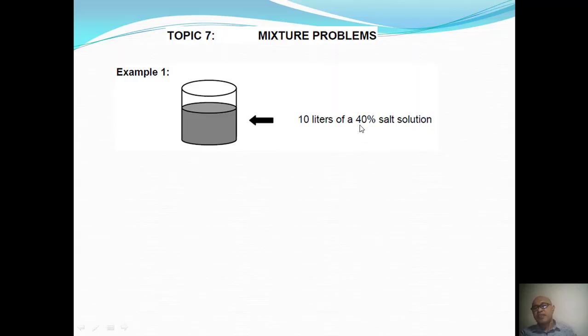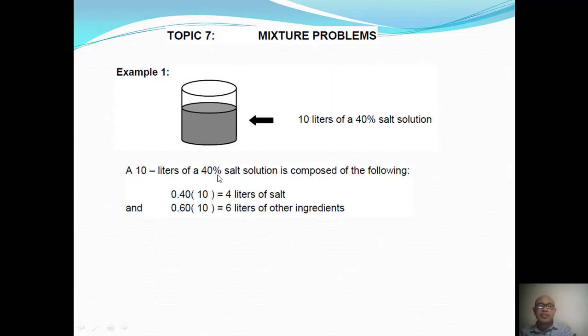The 40% here is the concentration, or the amount of salt in this solution. So for the 10 liters, 40% of that is salt. So we can say that the 10 liters of salt solution consists of 40% of 10, which is 4 liters of salt, and 60% of the 10, equal to 6 liters, are other ingredients. Of course, salt solution is composed of salt and water. So 4 liters is the salt, 6 liters is the water.